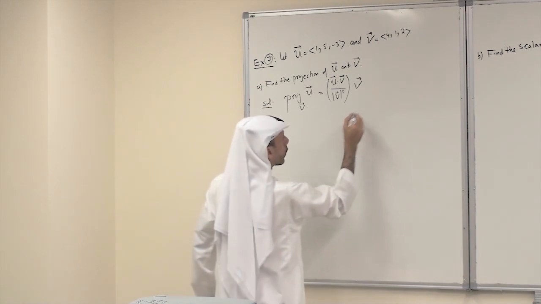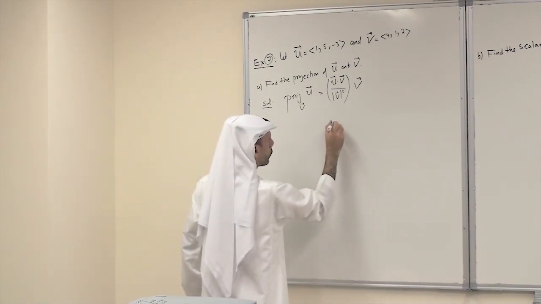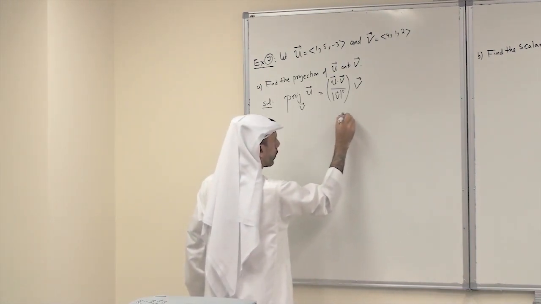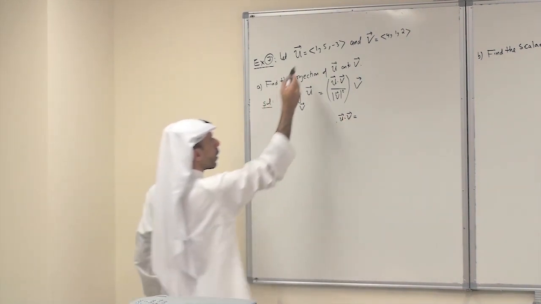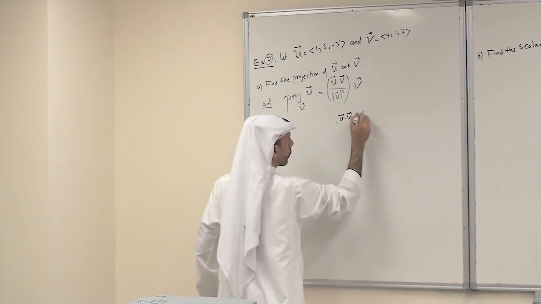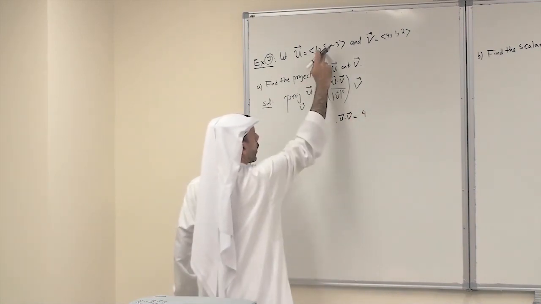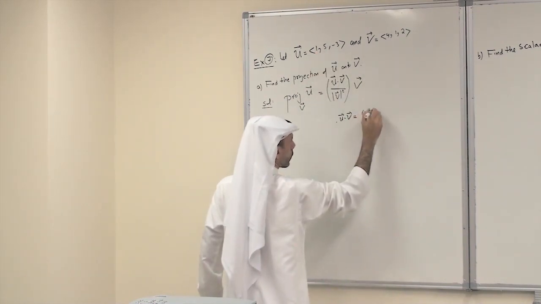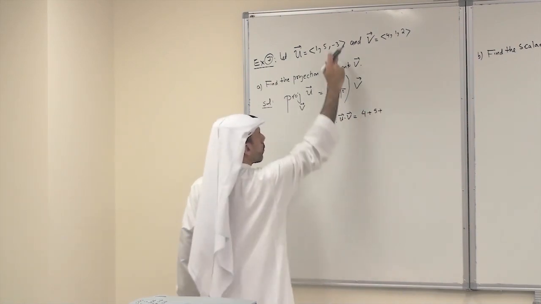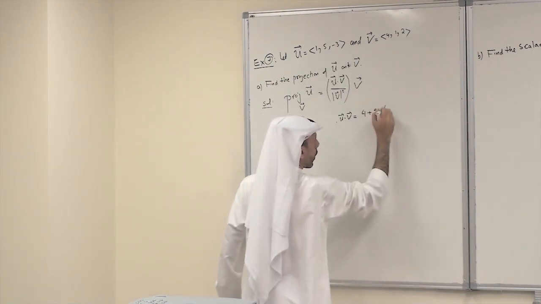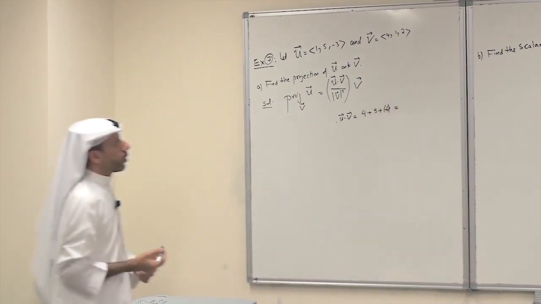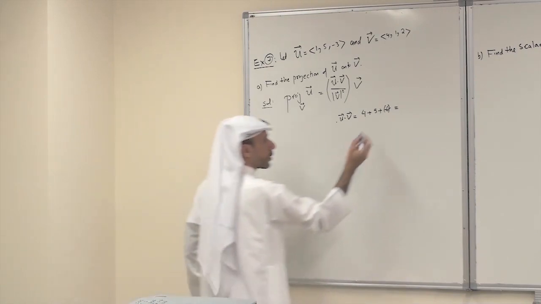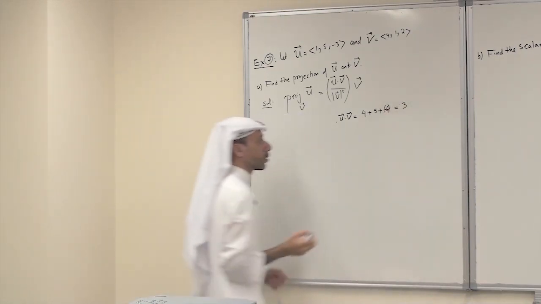So here we have the following. U dot V: just multiply the corresponding components. 1 times 4 is 4, plus 5 times 1 is 5, plus minus 3 times 2, which is minus 6. 4 plus 5 minus 6 is 9 minus 6, and this is 3.